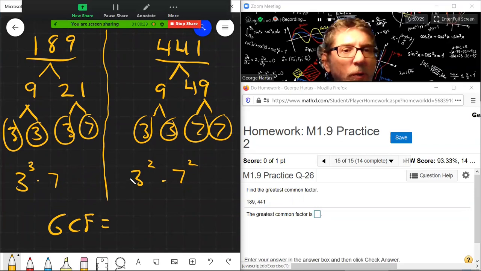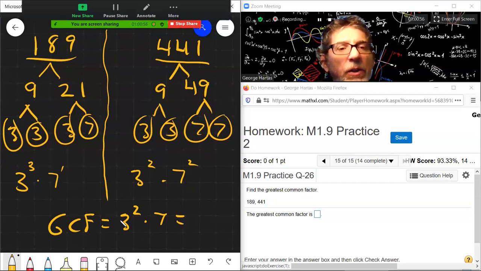We got 2 3s here. Remember, the rule is the smallest power wins for the GCF. So this comes down. We have 1 7 here. We have 2 7s here. There's fewer 7s here. So 7 to the 1st power, or just 7, comes down.